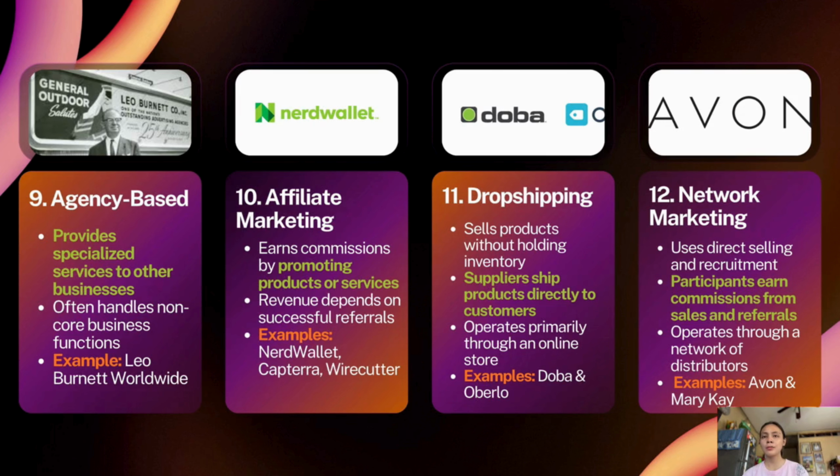An example is Avon. If you have encountered people, maybe relatives, friends, or neighbors, who give out books with Avon products that they are selling, that is an example of network marketing.